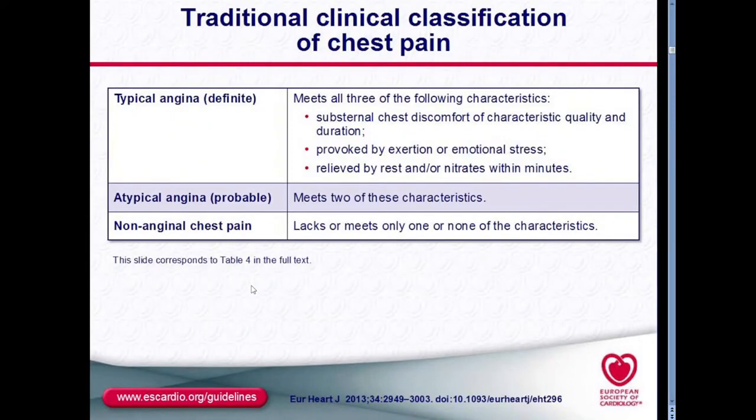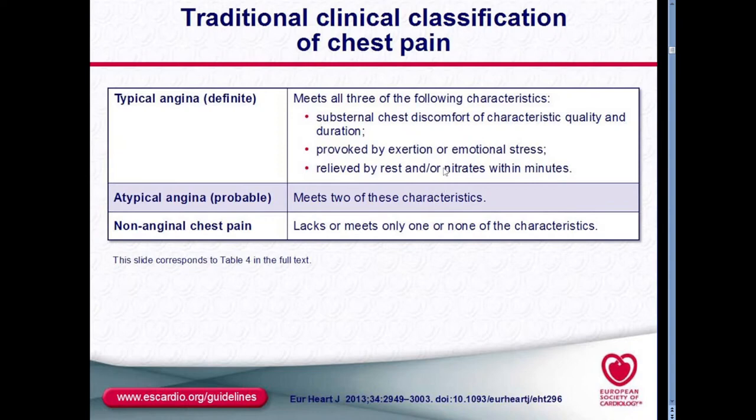What about the traditional clinical classification of chest pain? Typical angina must meet all three of the following characteristics: substernal chest discomfort of characteristic quality and duration. And this chest pain is provoked by exertion or emotional stress. And at last, the third sign, this pain should be relieved by rest and/or nitrates within minutes.